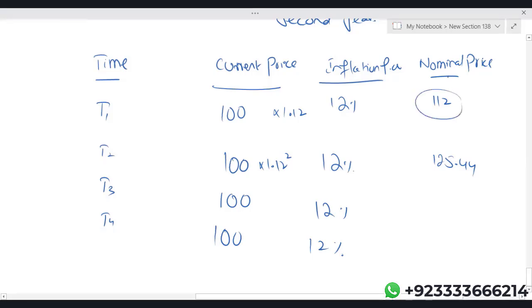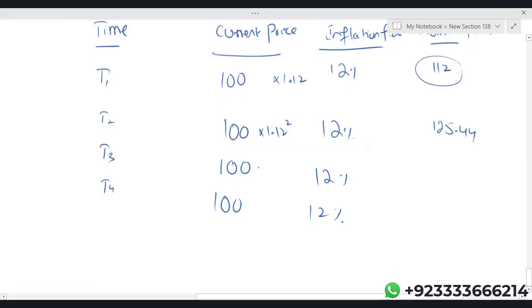If you directly multiply 112 with 1.12, you will get the same result. So students, you should be really good in this. If you are working on 100, for the second year there will be power 2. If you're directly working on 112, then 112 multiplied by 1.12 will give you 125.44.